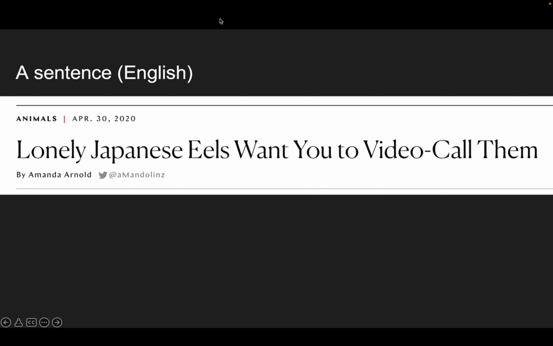So I'm going to focus us on this sentence. It's in English, right? It was taken as a headline. It's very strange, but it's a genuine sentence. And I'm going to focus on English for now because English is a language that I understand well enough that I can talk pretty confidently about at least my own English.